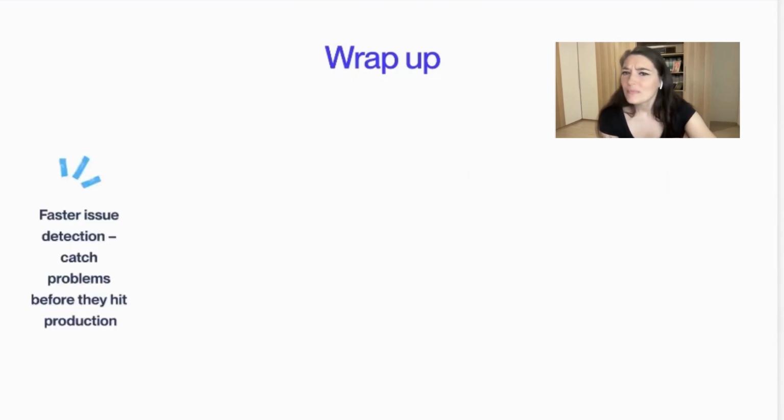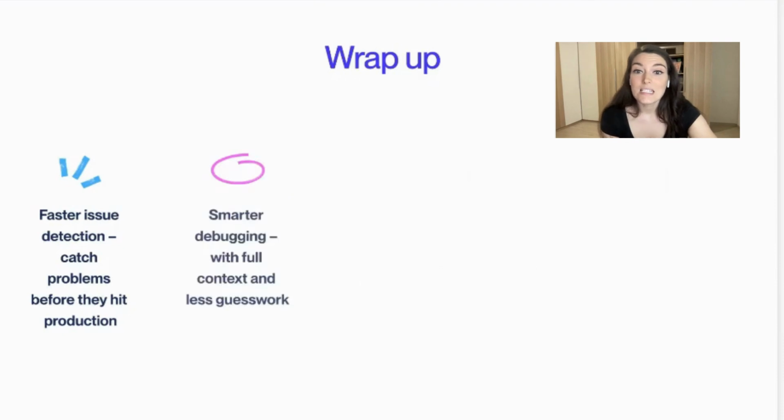Okay, so let's wrap it up. Shifting observability left, bringing it into development and pre-prod and not just production, and expanding the team that uses observability tools isn't just about catching bugs early, although it's very much about that too. It's about changing how we build, ship, and support software.